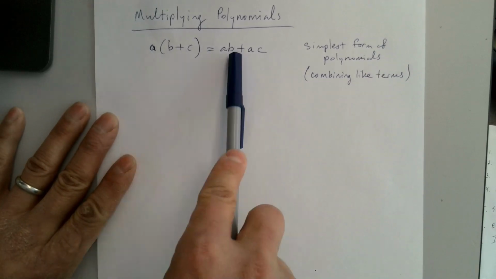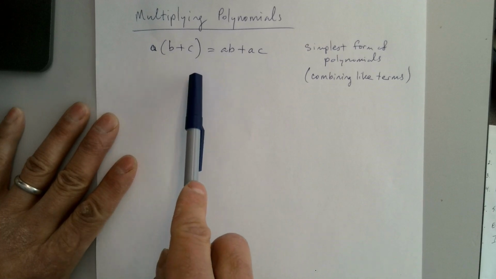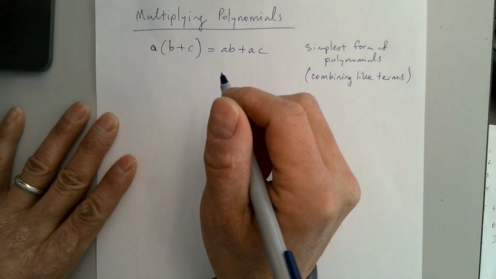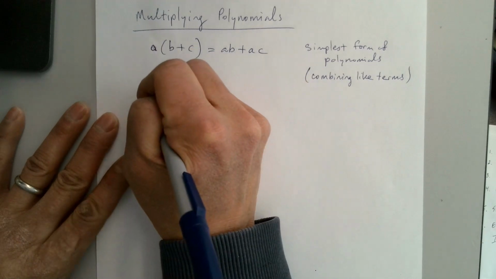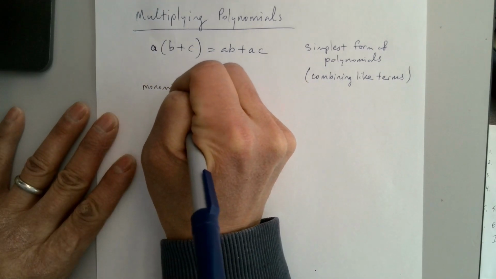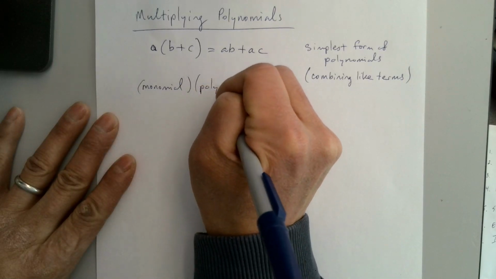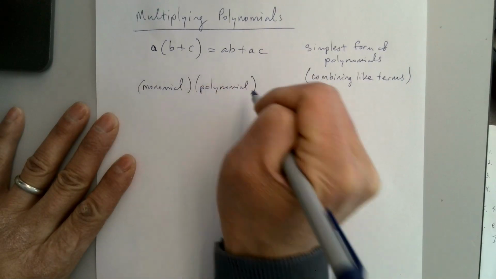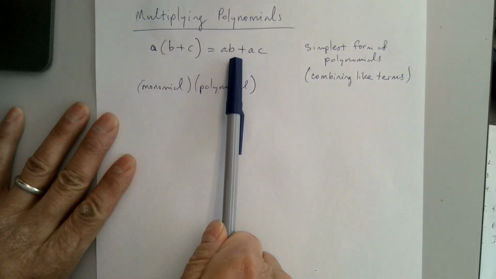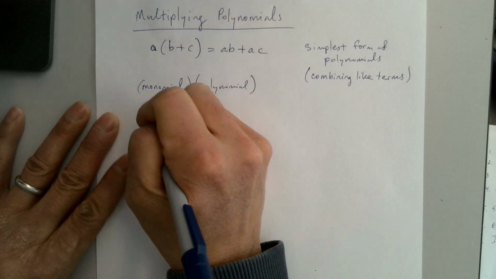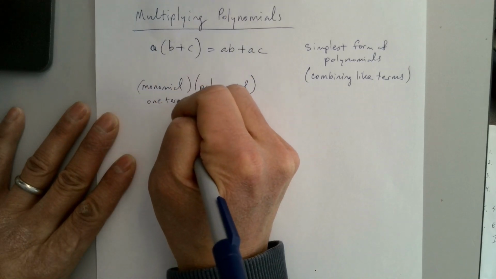So first, distributive property. What does that have to do with polynomials? Well, if I have a monomial multiplied with a polynomial, I'm going to have to use the distributive property because the monomial is a single term, right?